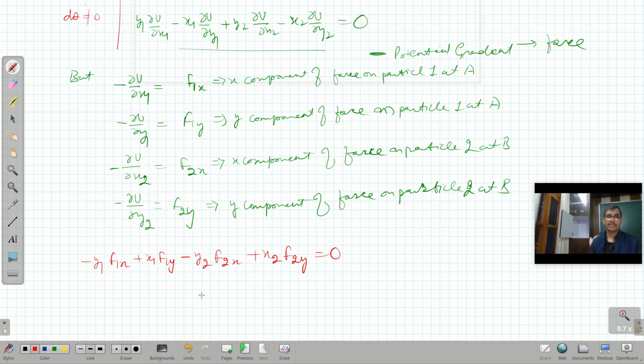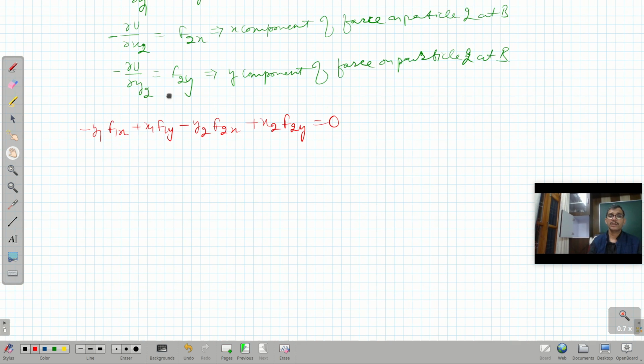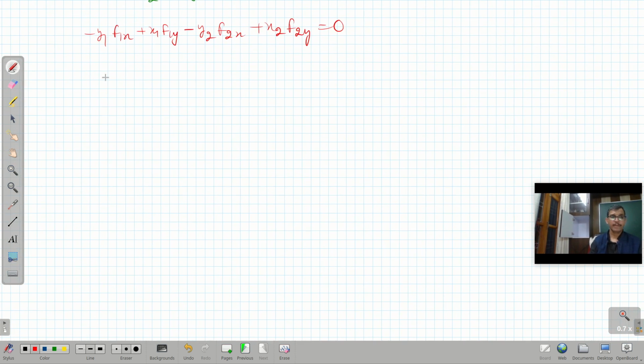Let me rewrite this equation now. So how this can be written as, it is x1 f1y minus y1 f1x, this plus x2 f2y minus y2 f2x, and this is equal to 0.